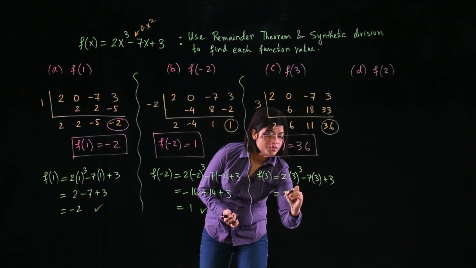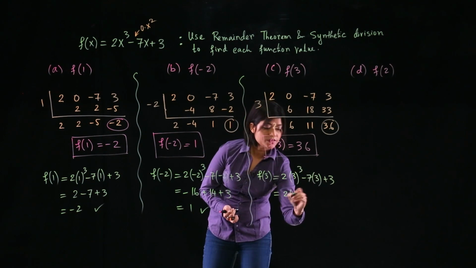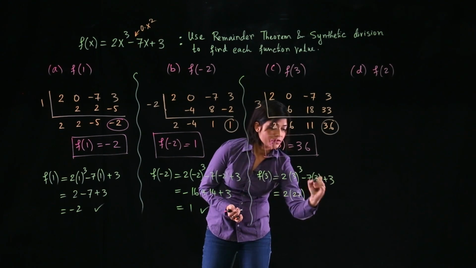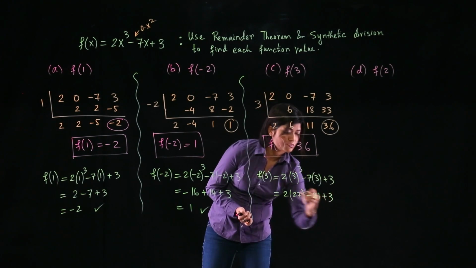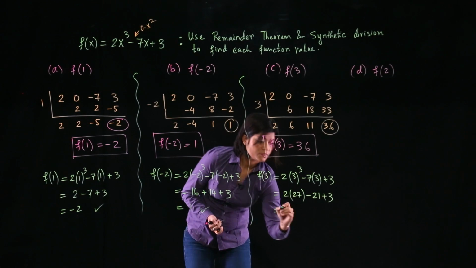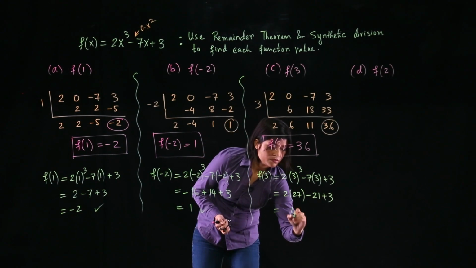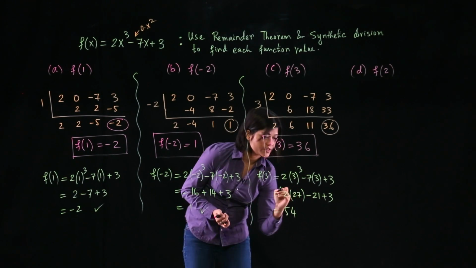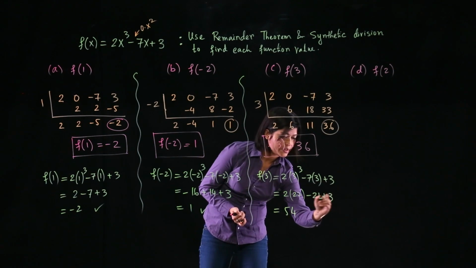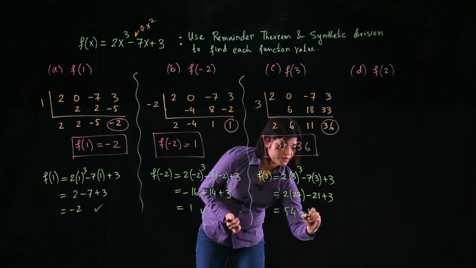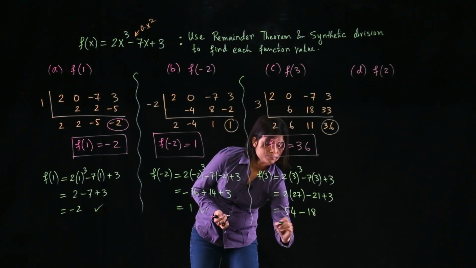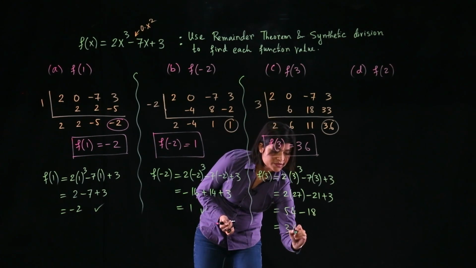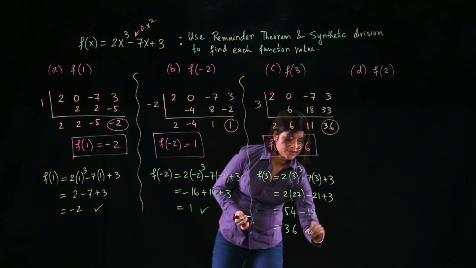So 3 cubed is 27, and this is minus 21 plus 3. So 2 times 27 is 54, and this is negative 18, and 54 minus 18 is 36, and this checks too.